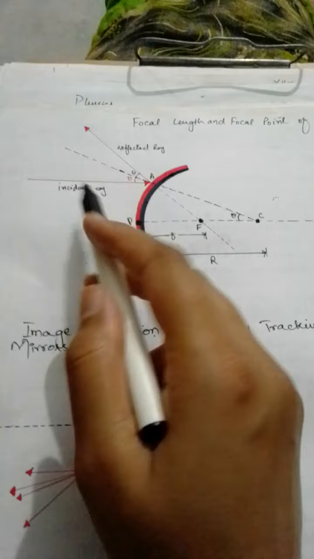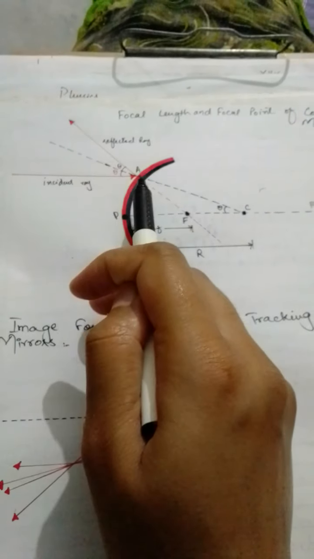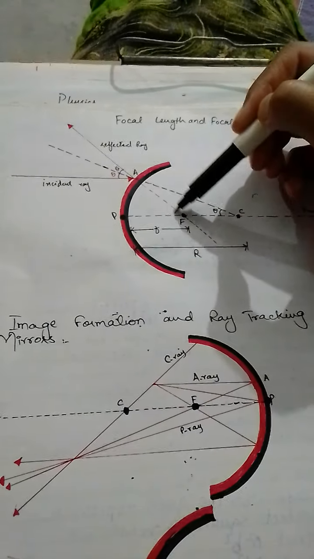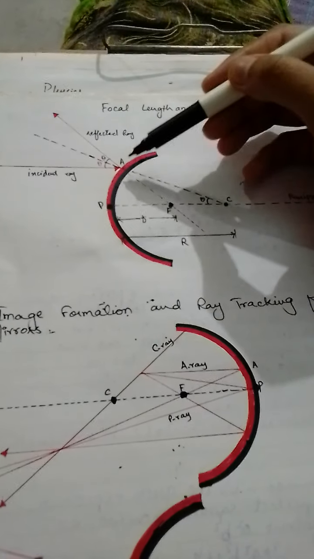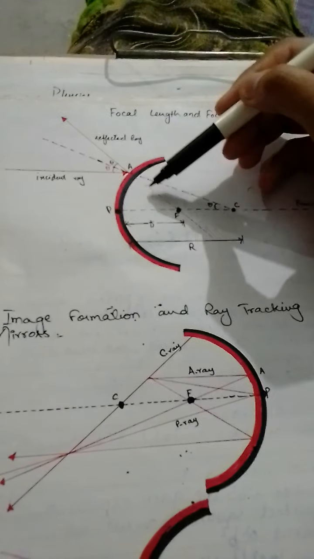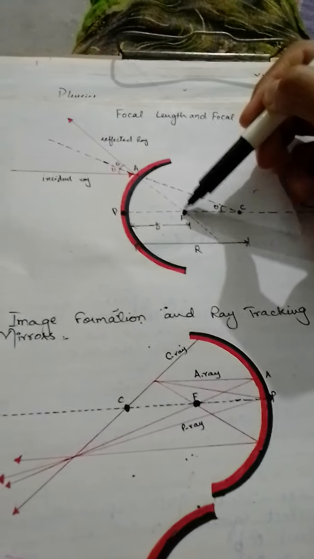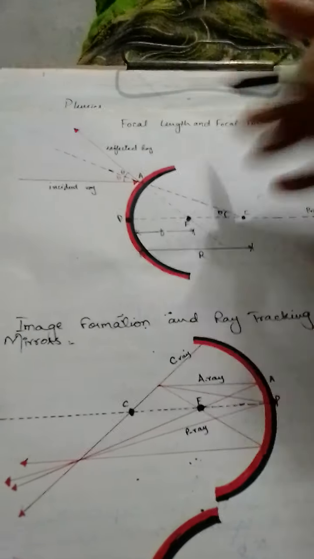Here the incident ray is parallel to the principal axis, and after reflection it passed through the focus. Exact same case. So we just have to redraw this line segment till we reach the focus point. So this will be our actual diagram.